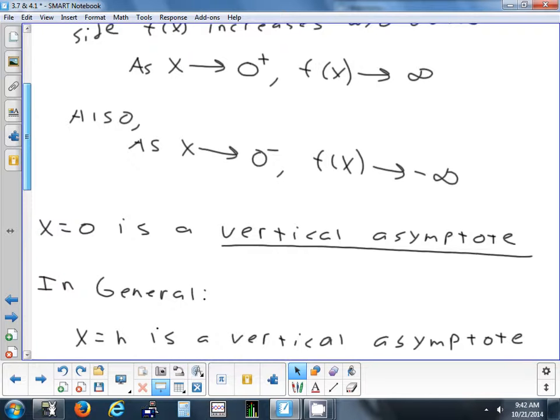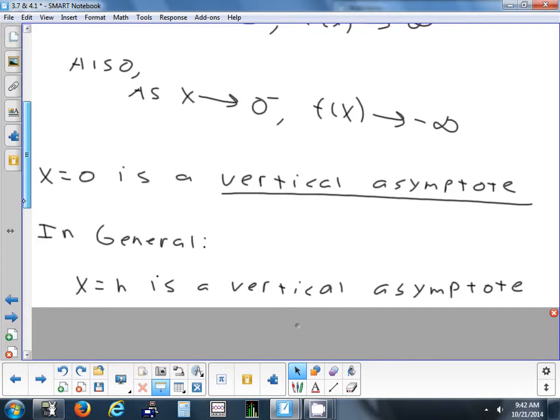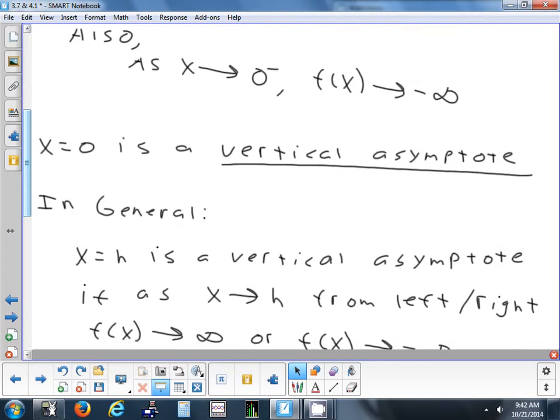In general, we write our vertical asymptotes as x equals a number, just like horizontal asymptotes were y equals a number. I'll summarize in a second, but it's basically the roots of the denominator. It's all the undefined values that you're not allowed to use.